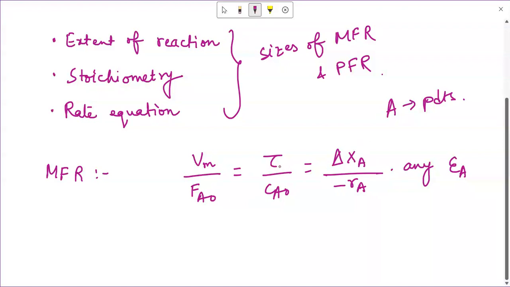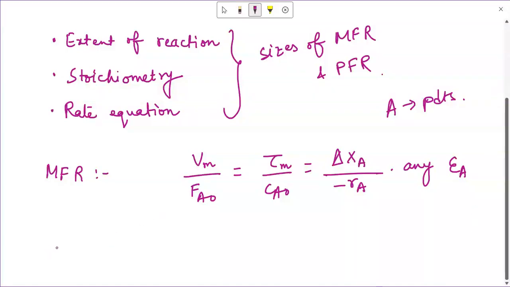Tau is the space time; again, let me write tau m to highlight the MFR aspect. Ca0 is the initial concentration of A. Delta Xa is the difference between the initial and final conversion of A, and Ra gives the rate expression. So this is for MFR.